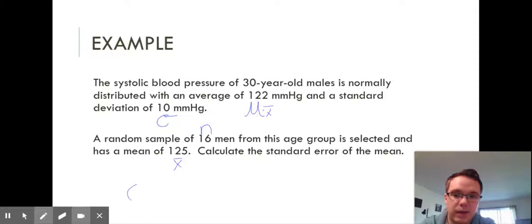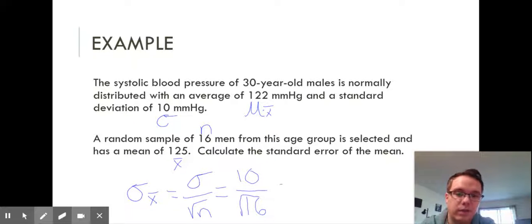So what we're trying to find is our standard error of the mean. What we need to find that is our standard deviation and the square root of our sample size. In this case, our standard deviation is 10 and our sample size is 16.